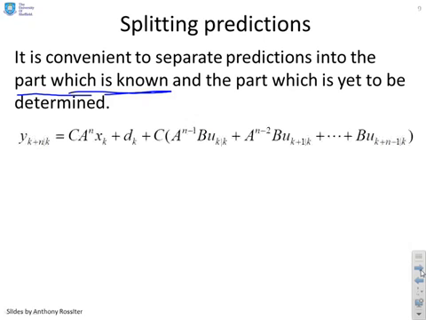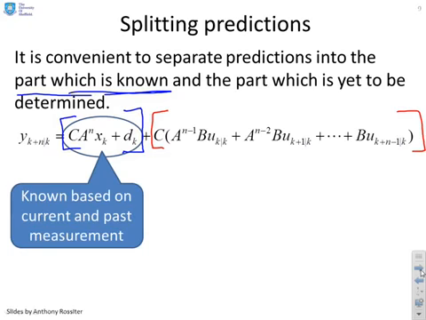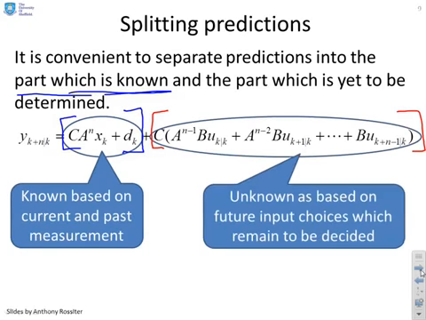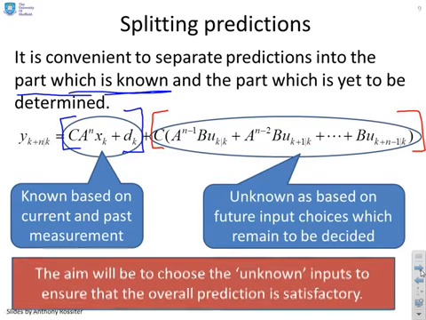If you look at this expression here for the n-step ahead prediction of y, you'll see the bit I've just marked in blue is based upon known or measured data, and the bit I've just put red brackets around is based on the future inputs that you have yet to decide. So we have a known bit based on current and past measurement, and we have an unknown bit which is based on future input choices which remain to be decided, and that's quite a convenient way of expressing our predictions.